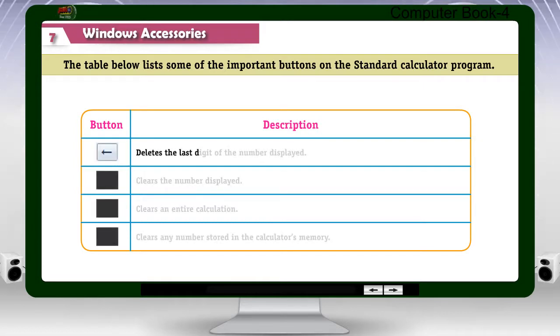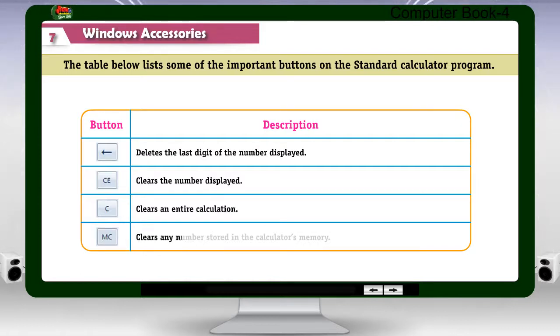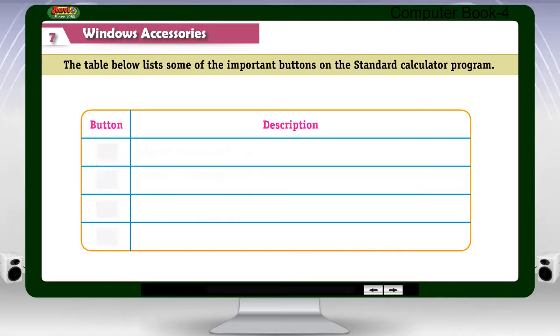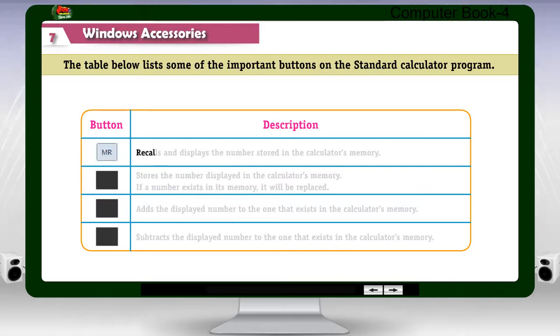Deletes the last digit of the number displayed. Clears the number displayed. Clears an entire calculation. Clears any number stored in the calculator's memory. Recalls and displays the number stored in the calculator's memory.